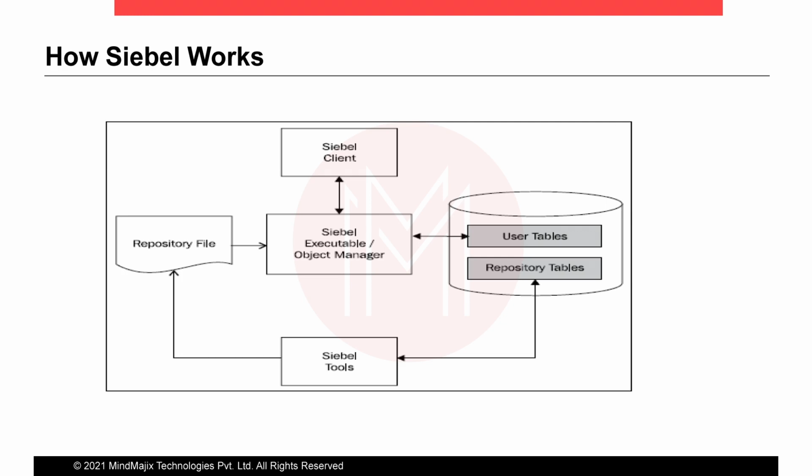Now, anything we do from the UI, let's say I click the new button, I click the query button, I navigate from one screen to another screen, I step out from one record to another record, anything we do, we are actually sending a request to the Siebel server. The server receives this request, the object manager receives this request, processes this request, and gives the response to the client.